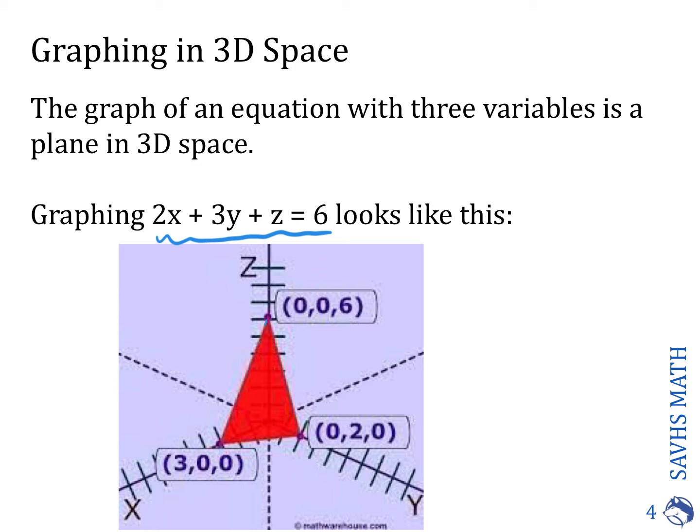And so this triangle here is actually just a cross section of the plane. And so the plane, when I say plane, I don't mean the thing that flies in the air. I mean the surface, like a flat piece of paper that is oriented a certain way in three-dimensional space. So all these equations that we're going to be working with on the next couple of slides are just representations of planes.